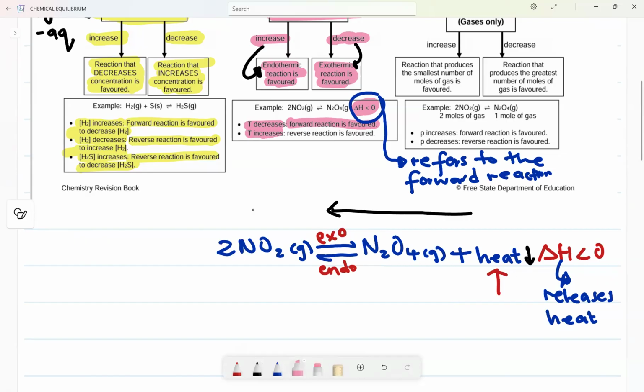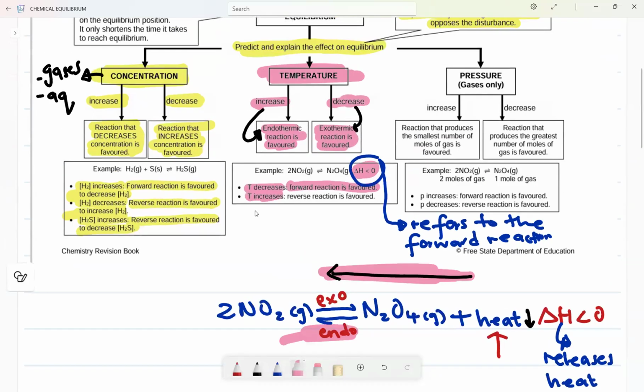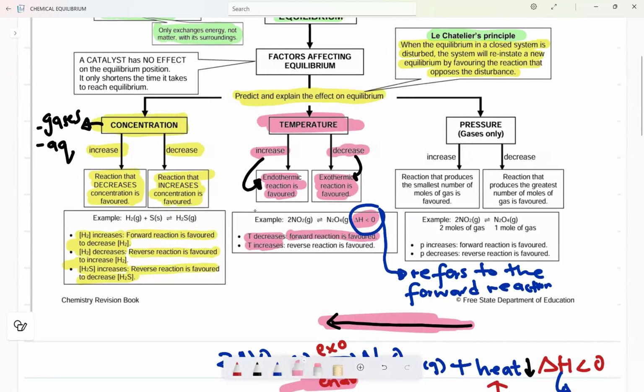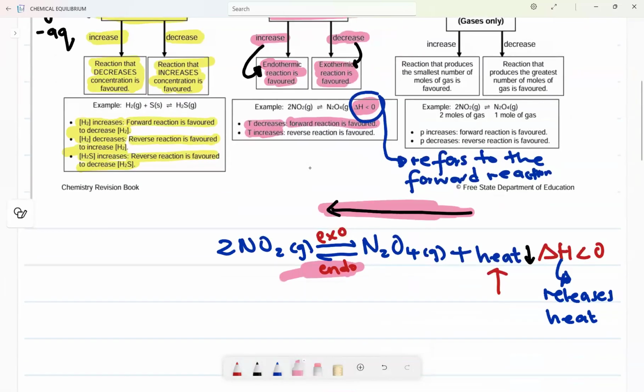Now can you see the reverse reaction is favored? What is the reverse reaction? The reverse reaction is endo. Is it true that when there is an increase in temperature, it favors endothermic? Yes, endothermic, because endothermic is the reverse reaction.